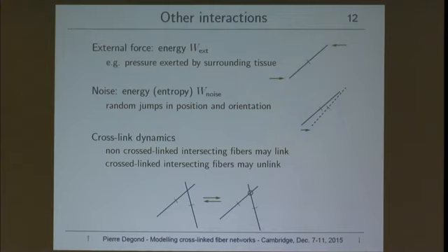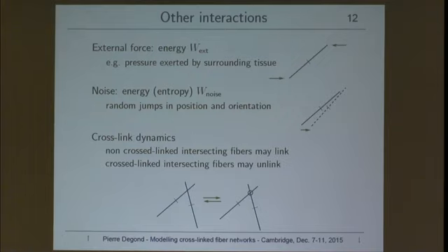And finally there is the cross-link dynamics. I'm supposing that when two fibers intersect and are not previously cross-linked, they may cross-link. And I also suppose that when two fibers are cross-linked, they may remove the cross-link, and all this is ruled by Poisson processes with certain rates.